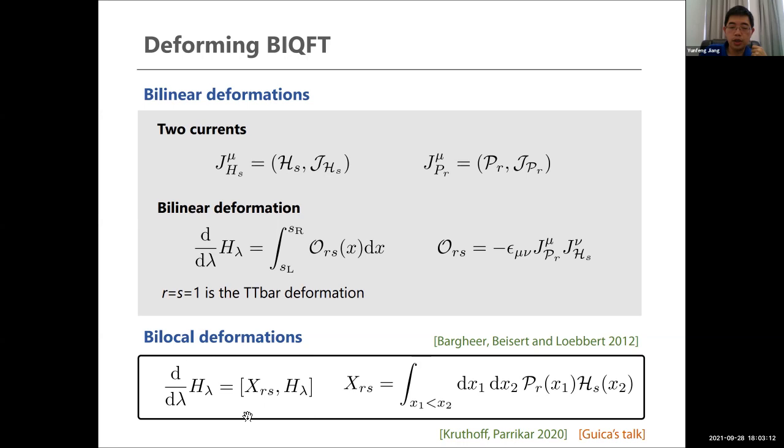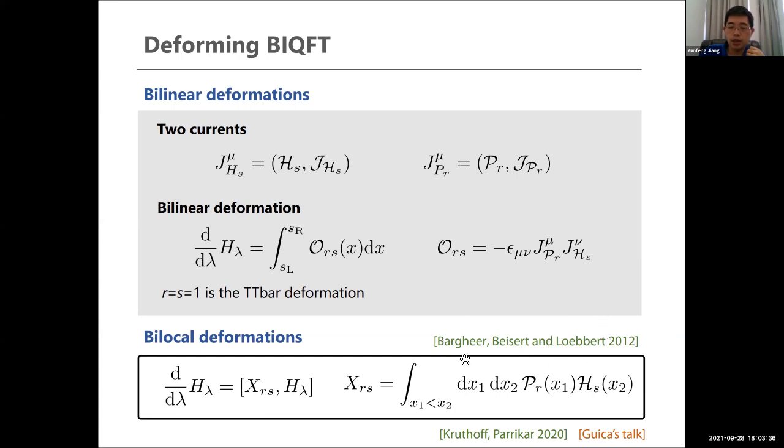This is an algebra-preserving deformation. It was first investigated and used by Bargheer, Beisert, and Loebbert in 2012 in the context of integrable spin chains, where they used it to find integrable deformations of quantum spin chains in a systematic way.